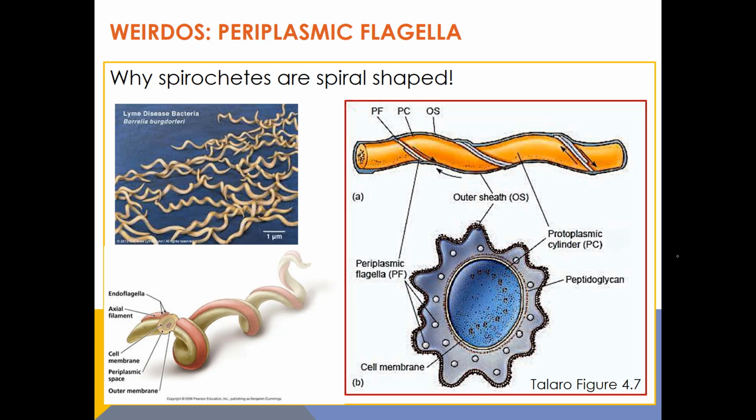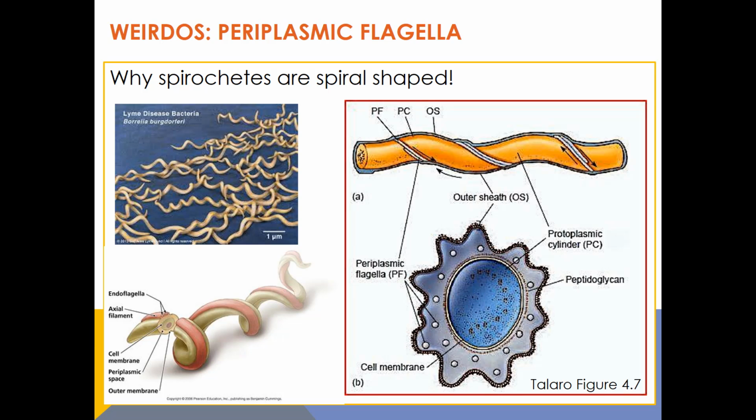Periplasmic flagella means that between the cell membrane and the outer membrane, those corkscrew flagella are inserted, or that's where they reside, which means that the whole organism itself works like a propeller because those flagella slide back and forth across one another, turning the whole organism. So why are spirochetes and spirilla shaped the way they are? Because they have periplasmic flagella.